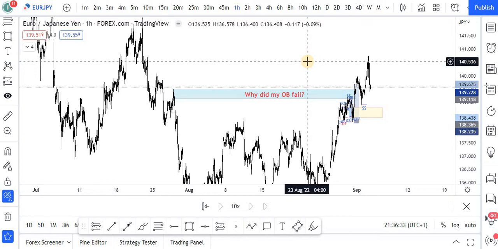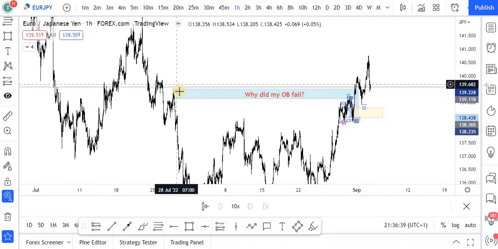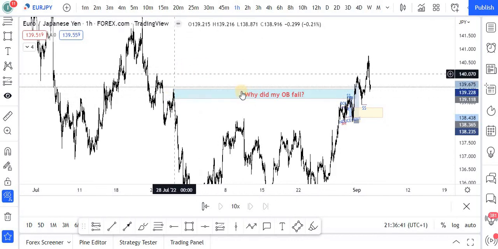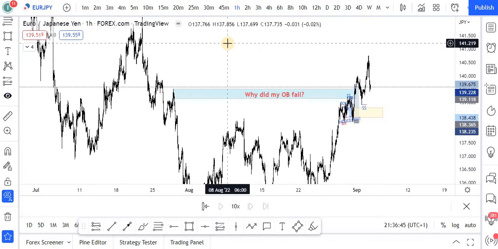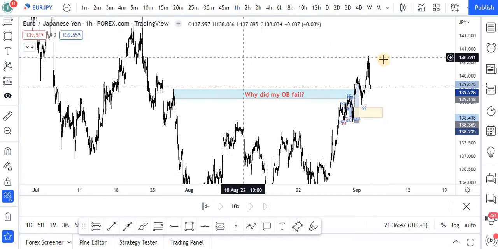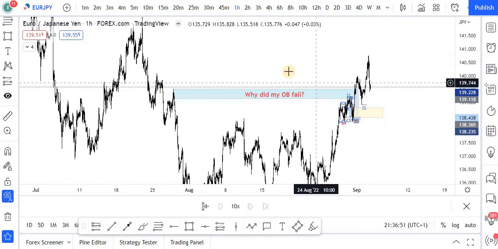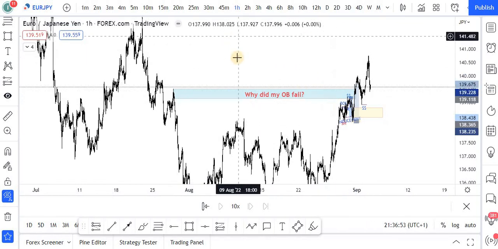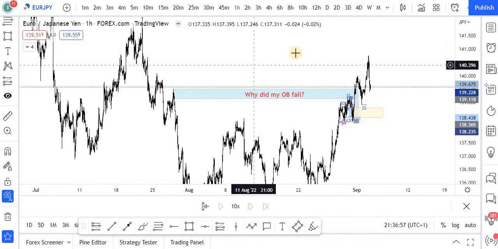If the market is actually bullish and you are trying to trade a bearish OB, you can easily be stopped out. So that is the case of this scenario. I think it happened to be the number one reason why this particular OB failed.